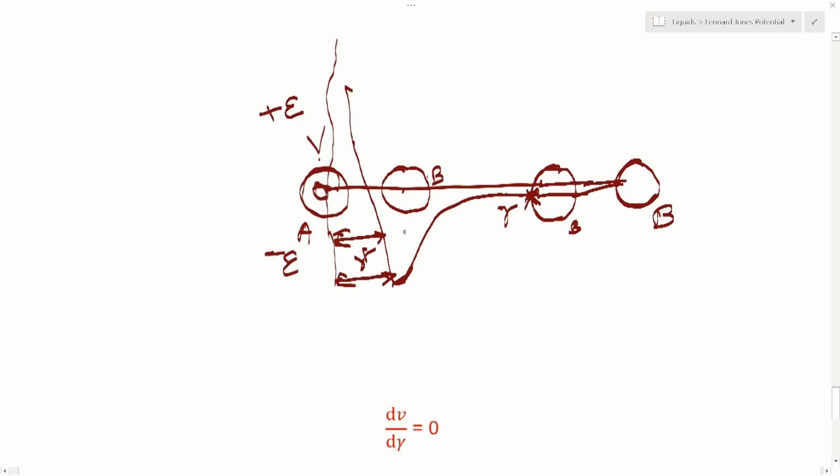When the molecules are at distance r, the potential energy is due to the force of attraction, which means the potential energy will be a negative value.